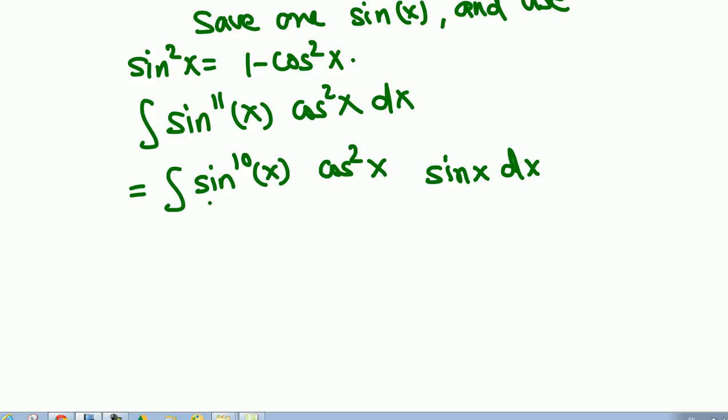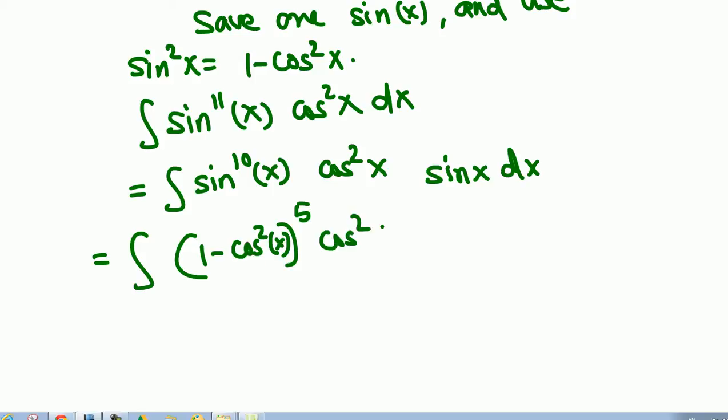Now we want to change this sine in terms of cosine using the formula sine square equals 1 minus cosine square. So sine to the 10th is the same as sine square to the 5th, and sine square is 1 minus cosine square.